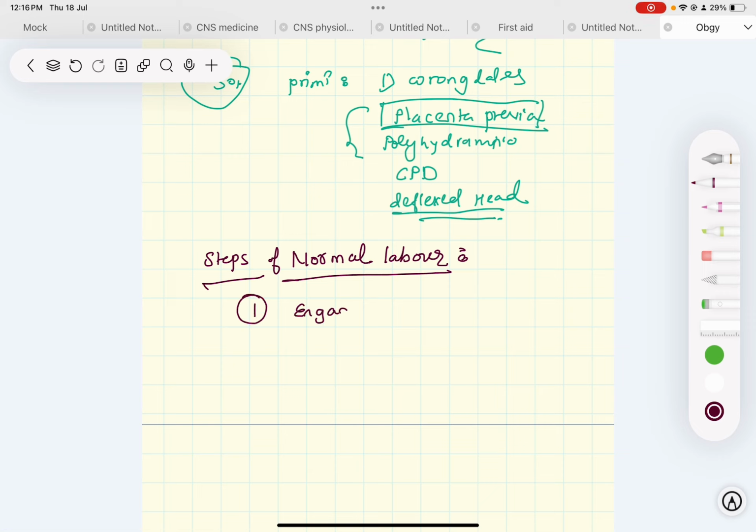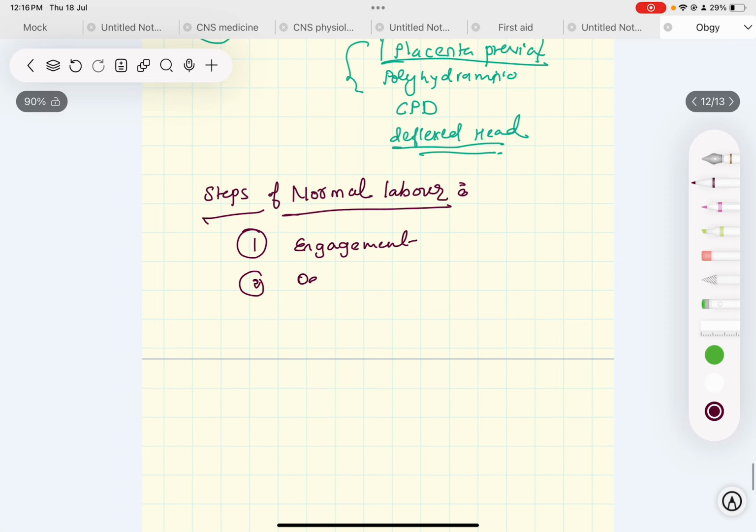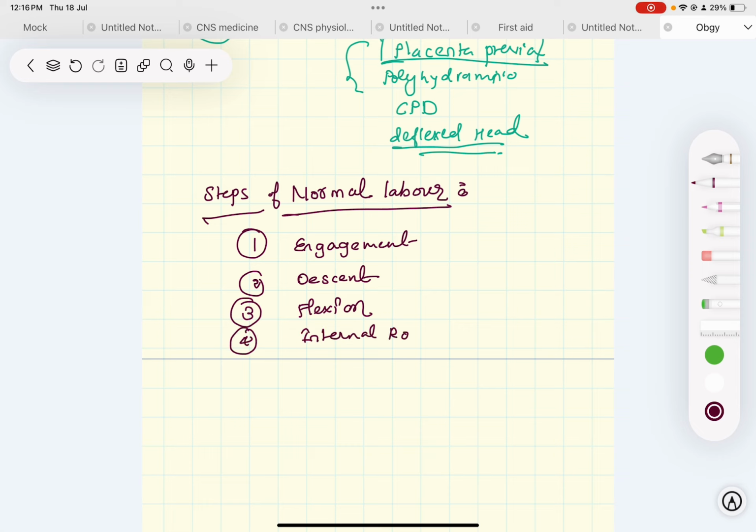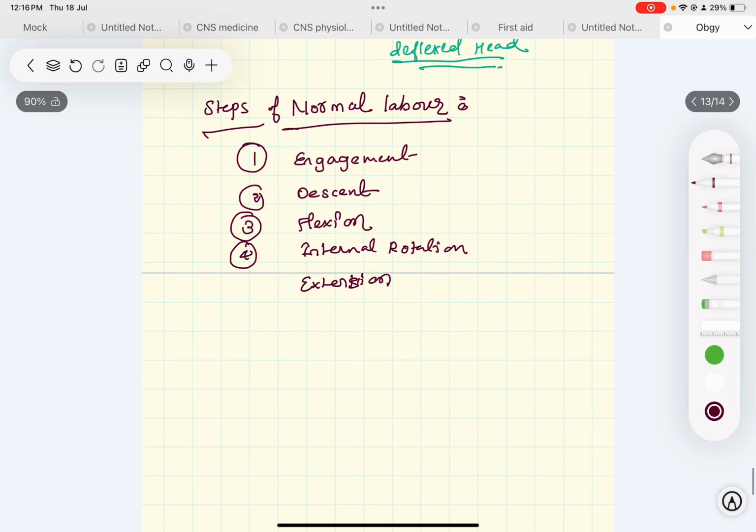So first is the engagement, then descent, then flexion, then internal rotation, then extension, then external rotation, and then expulsion.